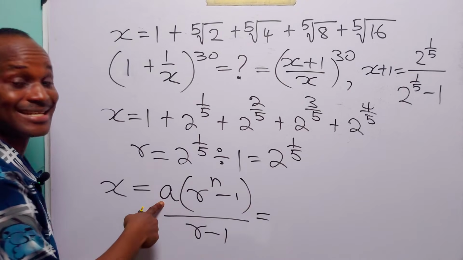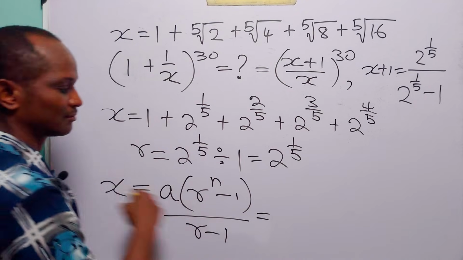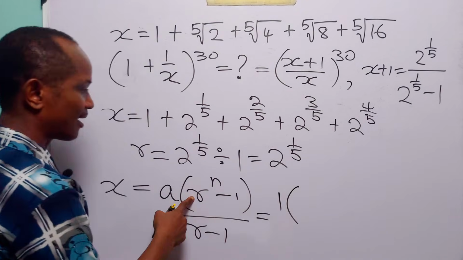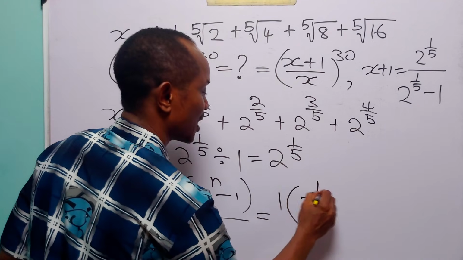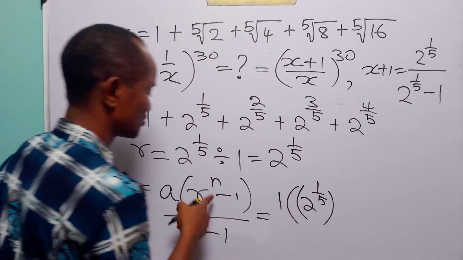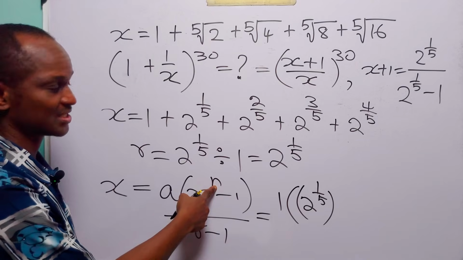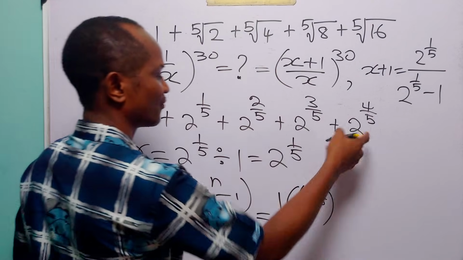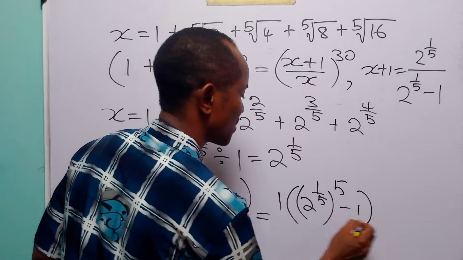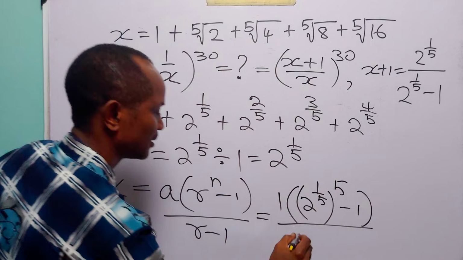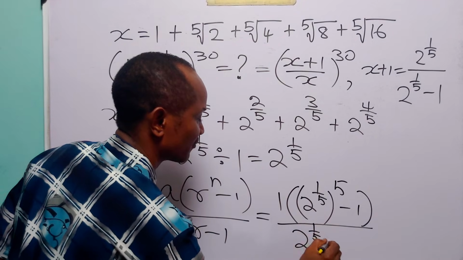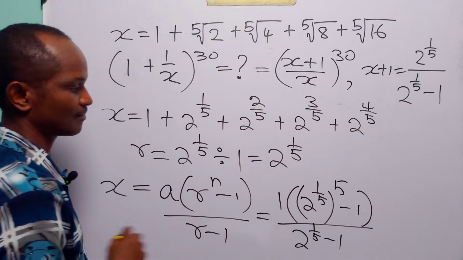In this case, a is the first term, which is 1. R, of course, is 2 to the power 1 over 5. N is the number of terms: 1, 2, 3, 4, 5. Minus 1 divided by 2 to the power 1 over 5 minus 1.